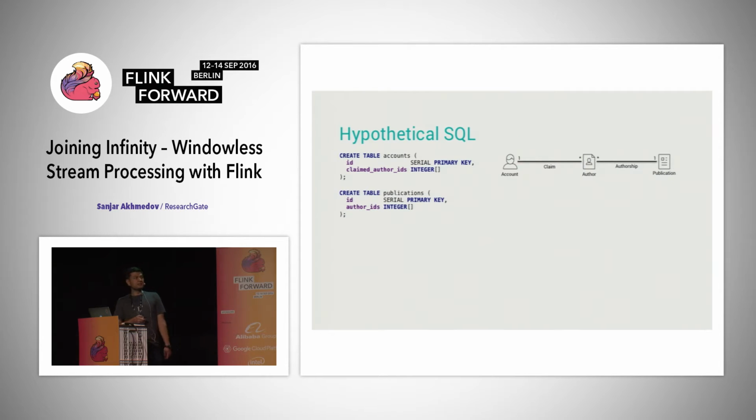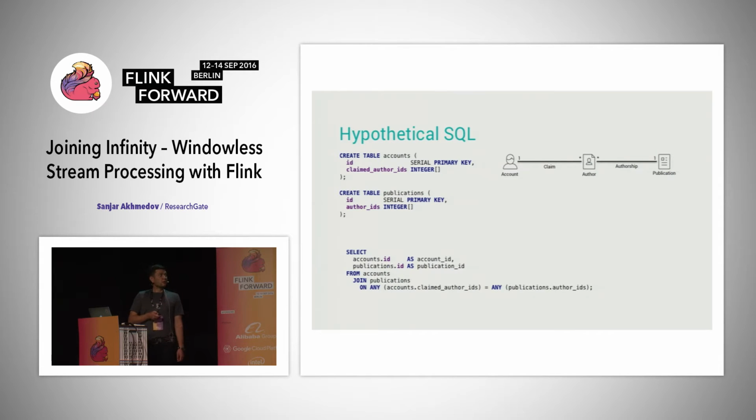And we would simply join them: accounts with publications on a condition where any claimed author matches any author of the publication, and that way we would get pairs of account and their publications. We would create a materialized view of it with refresh fast on commit, so we would immediately see the materialized view reflect the source table changes, and we would do it incrementally without any penalty.